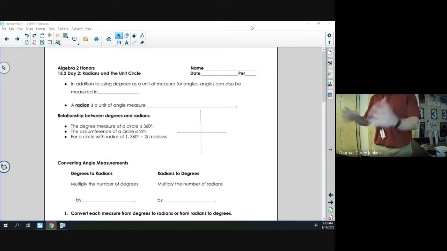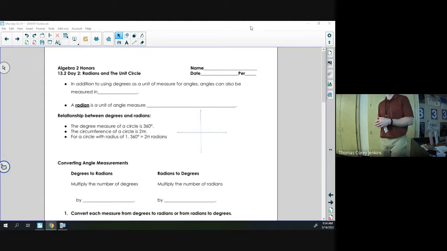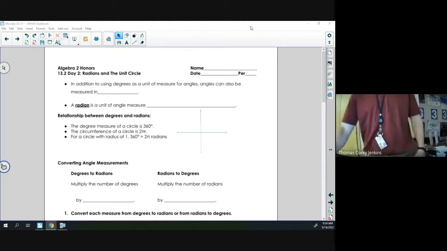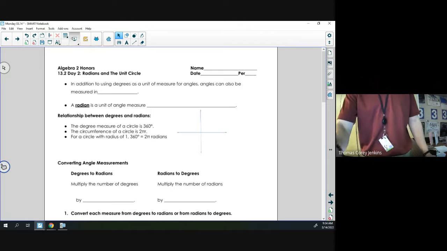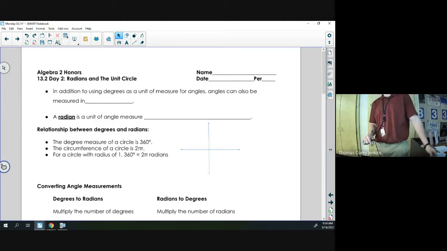Remember, we're going to finish out this week before spring break by talking about these trig lessons, mainly focusing on the unit circle and finishing up with that project I've referenced a little bit. So let's get into talking about the unit circle and what it all means.